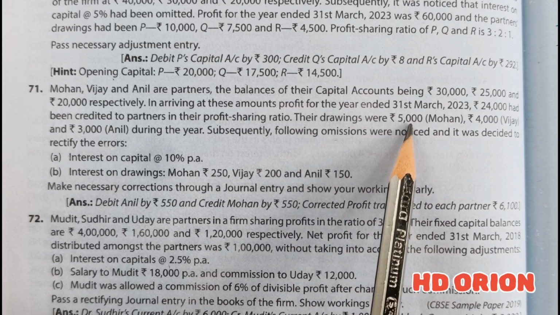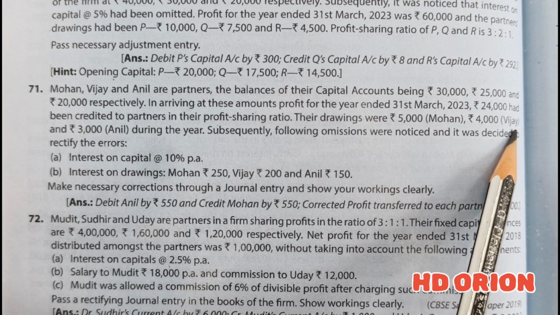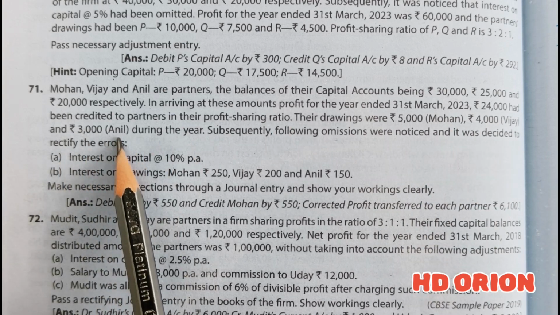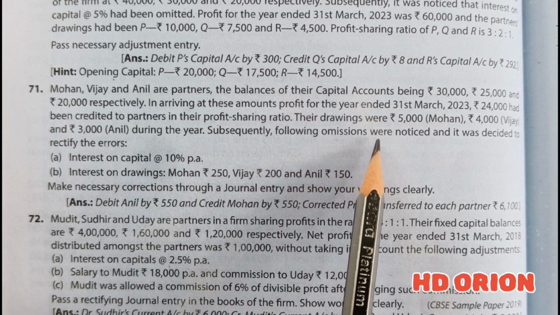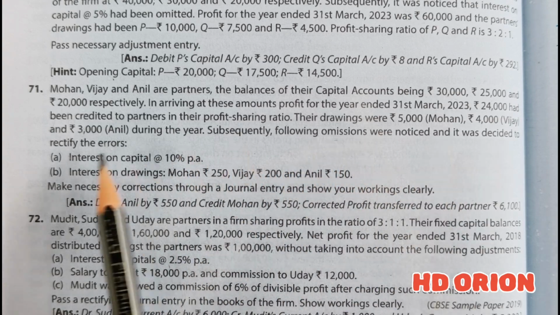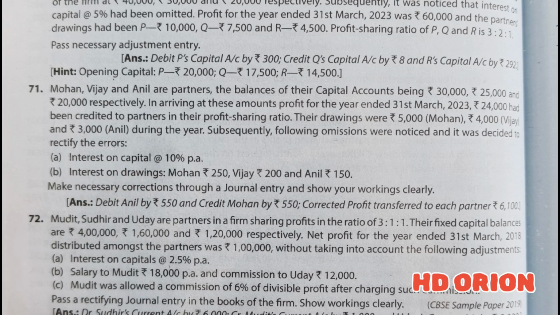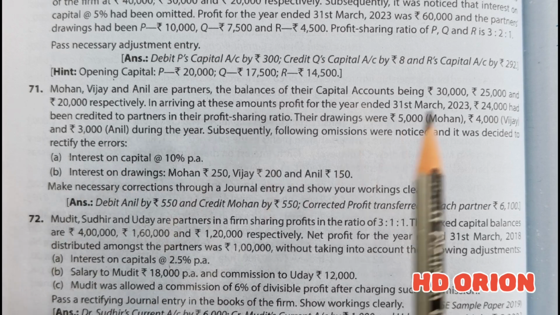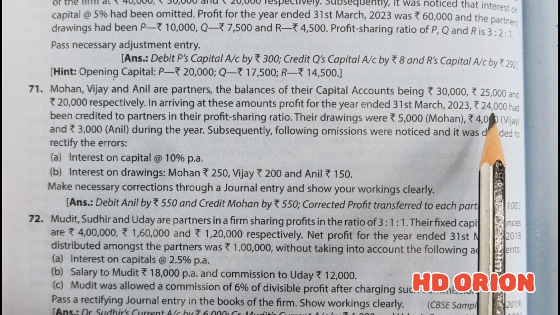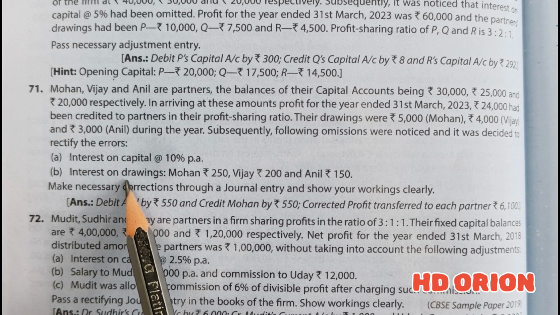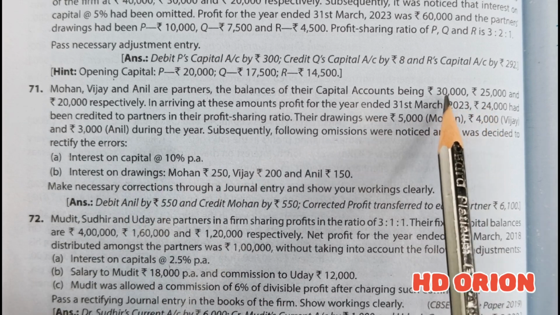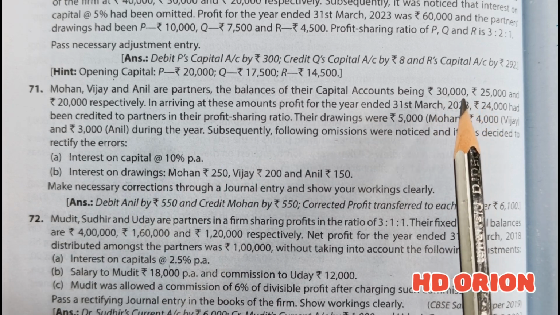Their drawings were rupees 5,000 for Mohan, rupees 4,000 for Vijay, and rupees 3,000 for Anil during the year. Subsequently, following omissions were noticed and it was decided to rectify the errors. Now, the firm had distributed the year's profit to the partners without paying interest on capital and collecting interest on drawings. And therefore, these capital balances are the closing capital balances.